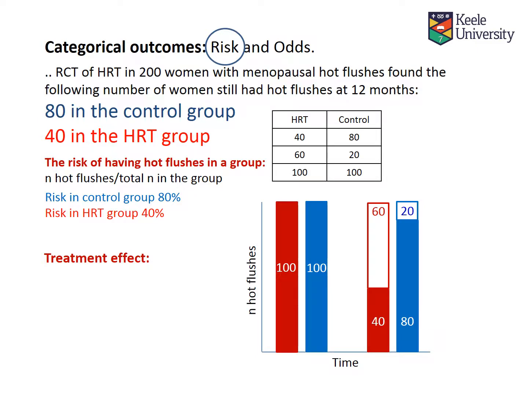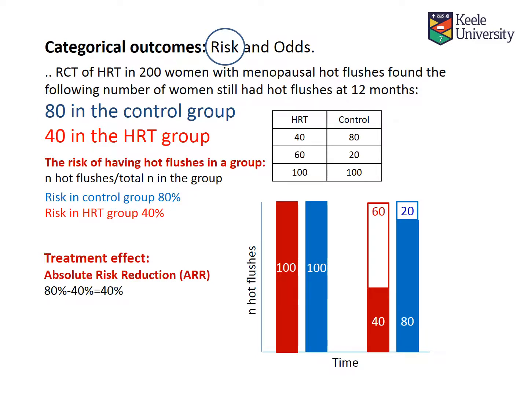You can picture this by using a table, so HRT and control, and this is how the numbers are there. There are two concepts to use to calculate the difference between the groups. One is absolute risk reduction, ARR. And when you say absolute, keep in mind always you have subtraction.